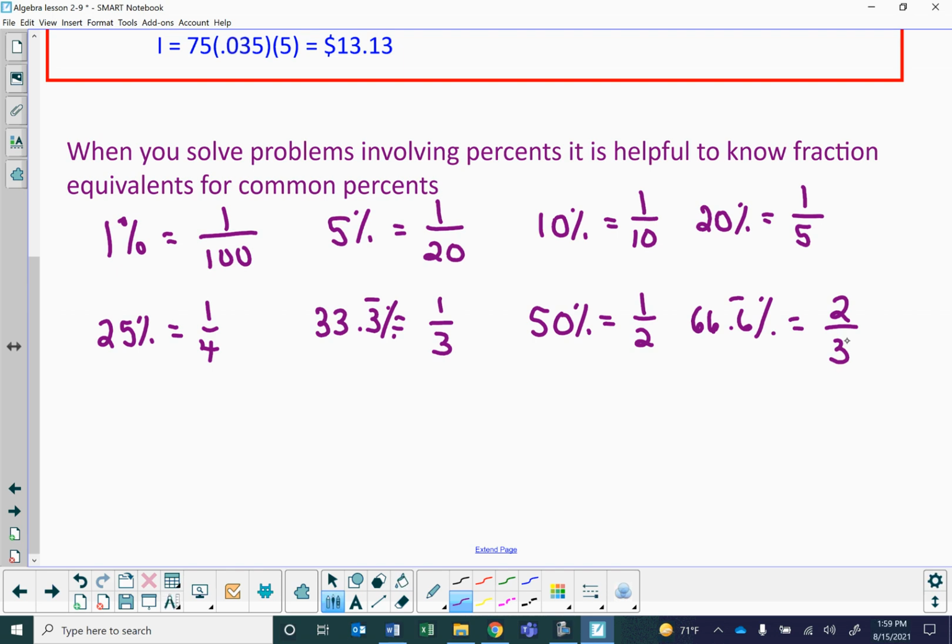If 33.3 repeating is 1/3, then 66.6 repeating is 2/3. These two you need to know. I'm going to refer to them often, and I'm going to expect you to know those. 75% is equal to 3/4, and last but not least, 100% is equal to 1. Those are some really important fraction to percent conversions that you should commit to memory because that will help you out a lot in the long run.